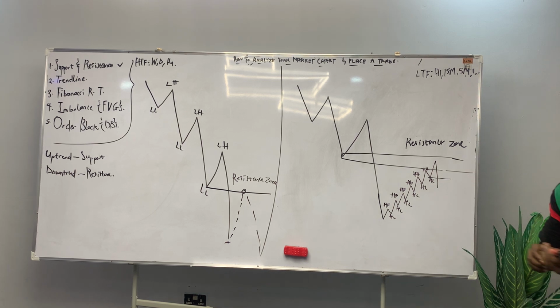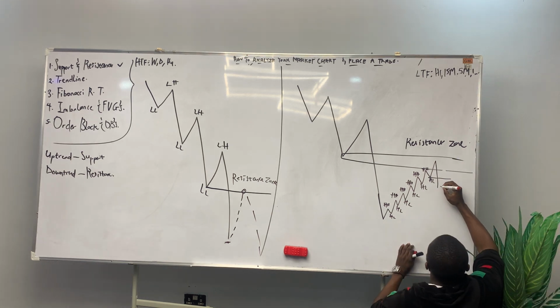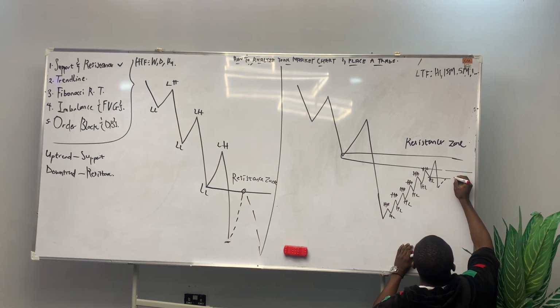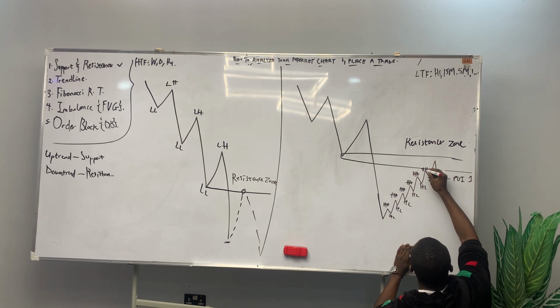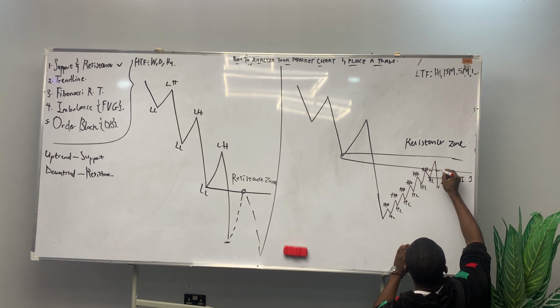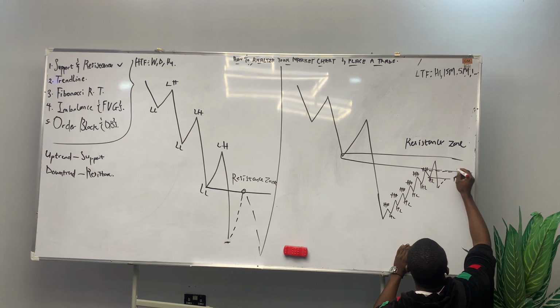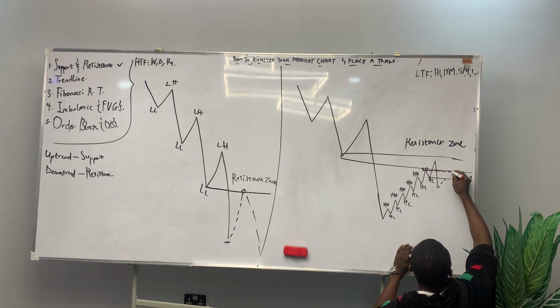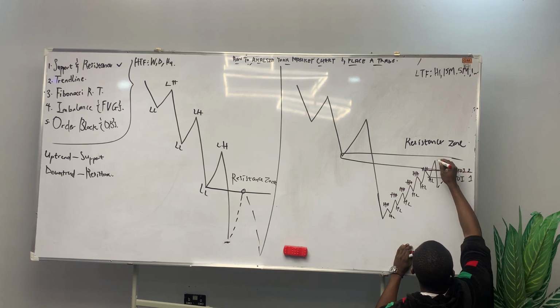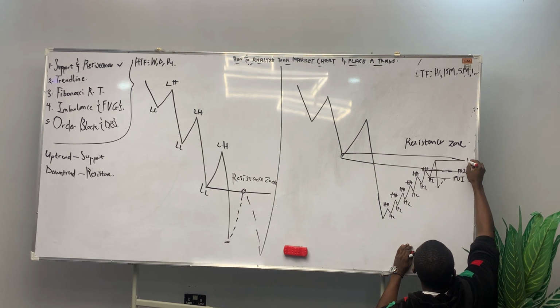So you now wait for it to either go back to this place, this is your POI 1, or this one here. Let me just use a straight line. This is your POI 2, then this one is POI 3.